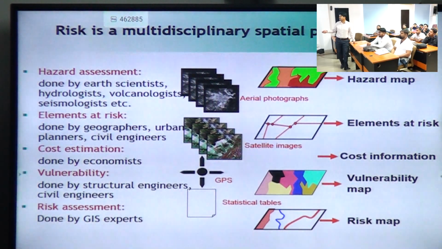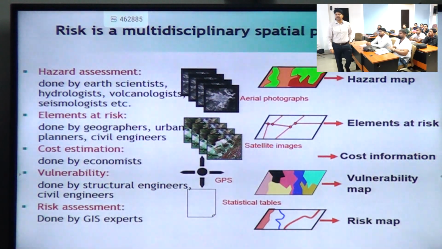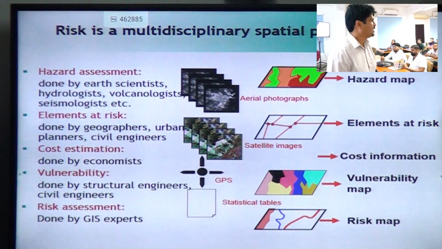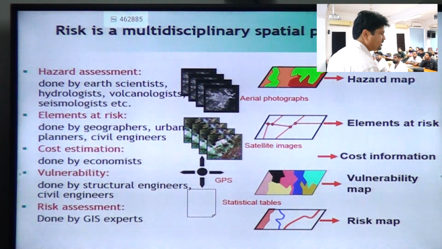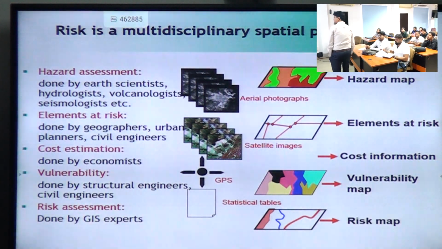I think this one I can skip. I have already mentioned it to you. We'll do a simple calculation also. If I say, in this case, hazard means what? How much water, in the case of flood, how much water, when, and where. That is what is going to tell you the hazard.